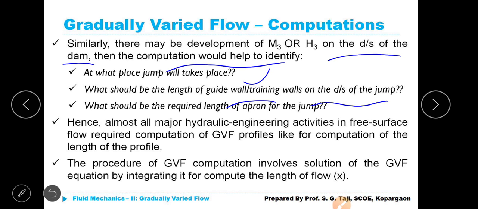We have to evaluate these so that we can construct such guide walls or training walls to control the flow and to prevent any submergence or flooding of lands. What should be the required length of apron for the jump? That is, how long we have to provide the apron for the jump that will occur due to these profiles on the downstream side when M3 or H3 profiles are occurring.